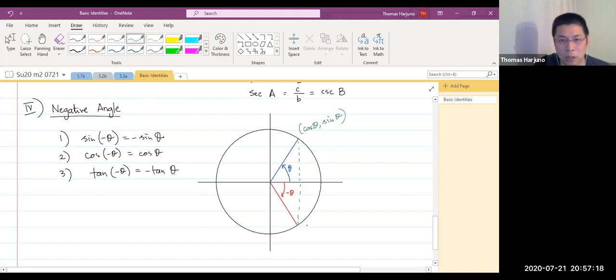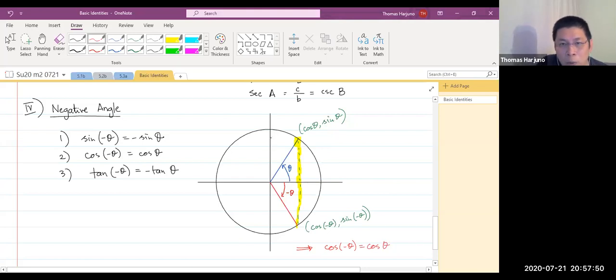The coordinate here should be cosine negative theta, sine negative theta, right? But from the picture, you see that the x components are the same. So we conclude that cosine negative theta must be equal to cosine theta.